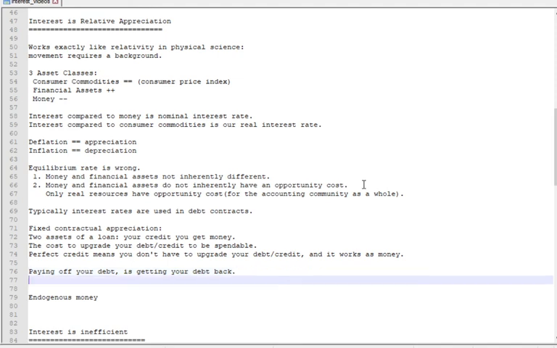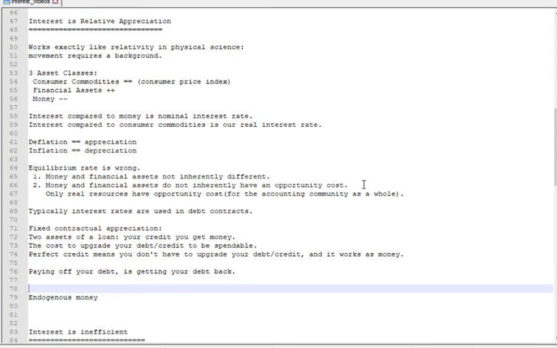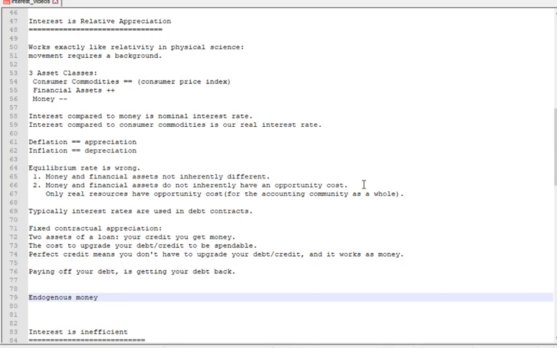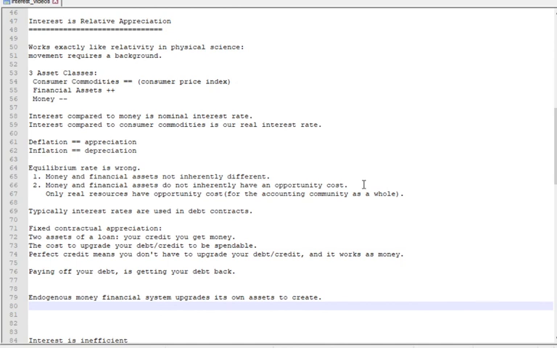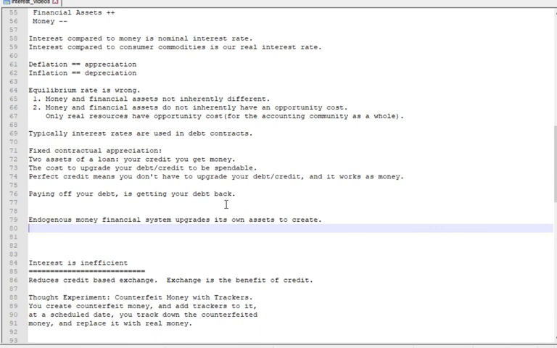Okay. Now I did want to mention endogenous money, and this idea of the financial system upgrading its own assets to create money. Endogenous money contrasts with the idea of exogenous money, which means that money comes from the central bank, or money is just gold out there or whatever.